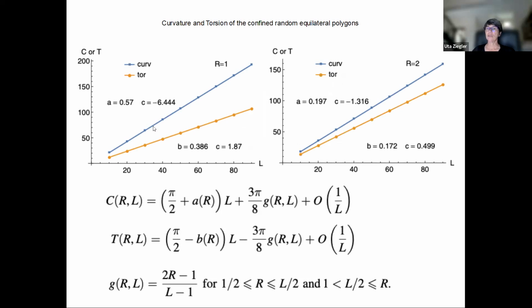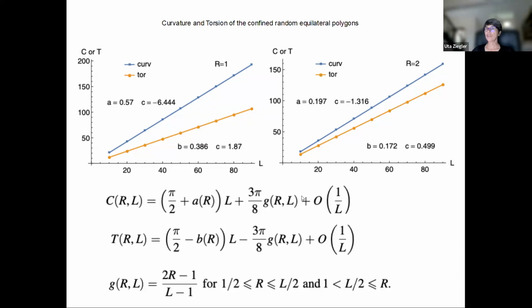For this line here, the A is 0.57, which is added to the pi over 2. For radius 2 on this line, the A which is added is 0.197. So what this means is, the stronger the confinement, the curvature increases. And we captured that with this formula.